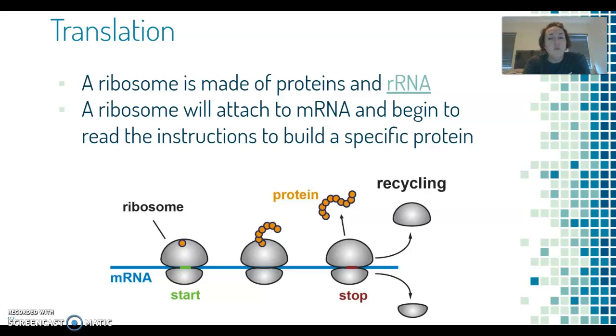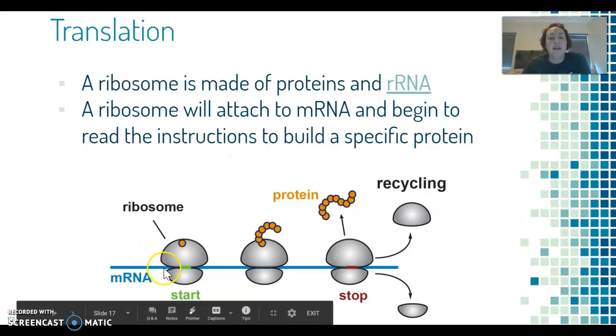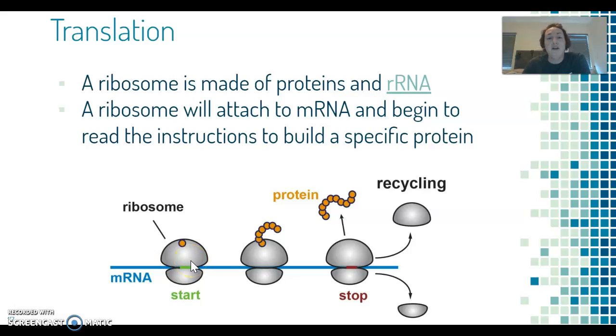A ribosome is going to attach to the messenger RNA, which is this blue strand right here, and this gray area is our ribosome. It's going to attach to the mRNA and begin to read all of those letters that got transcribed from the DNA. And those basically are instructions on how to build a specific protein.